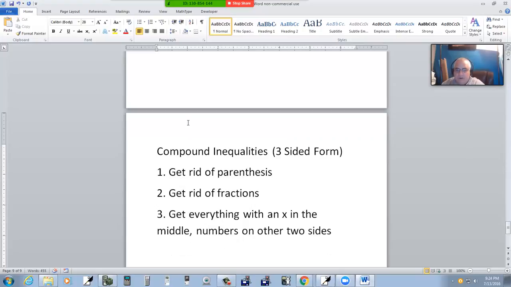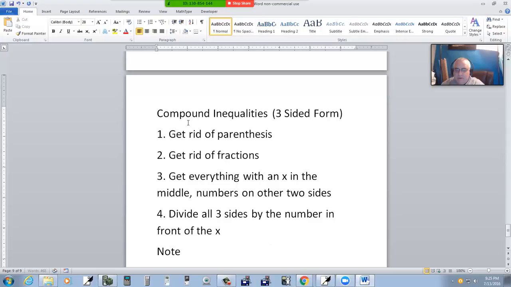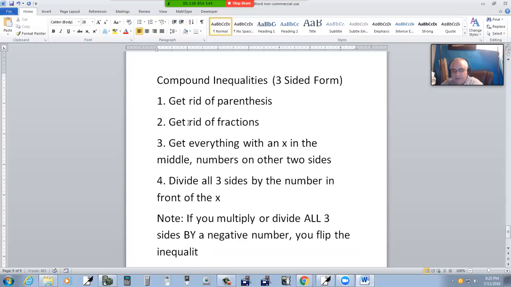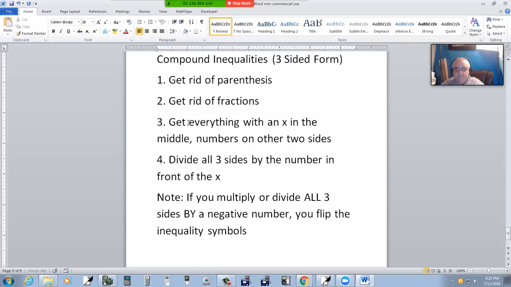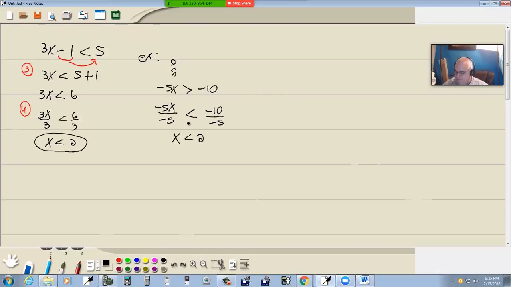We're talking about terms there. Step 4, divide all three sides by the number in front of the x. Note, if you multiply or divide all three sides by a negative number, you flip the inequality symbols. Okay, so let's take a look at an example of this.